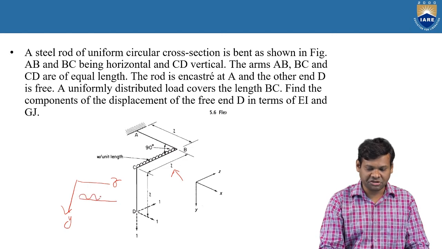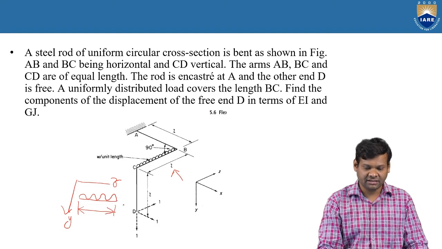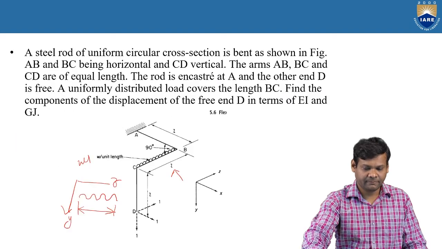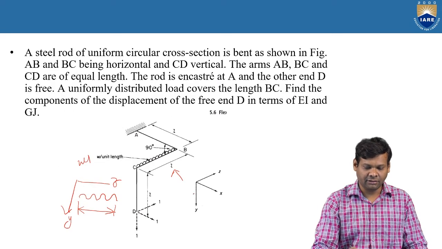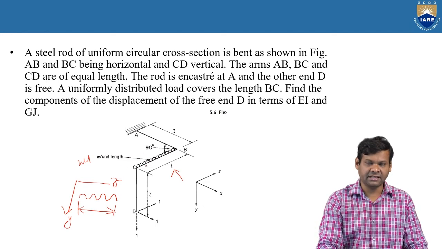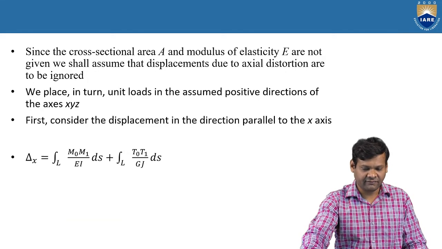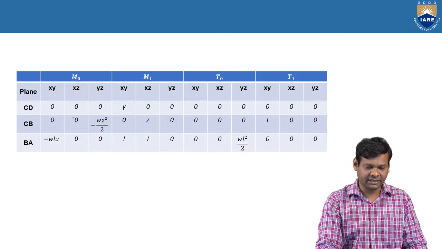Here we have a uniformly distributed load of length L, of intensity W0 per unit length, and the total magnitude of load is WL. But in the plane of XY, here our system, that is CB, is only in the plane of YZ, and there is no load acting in the other two planes. That is the reason why it is 0 in the other planes.